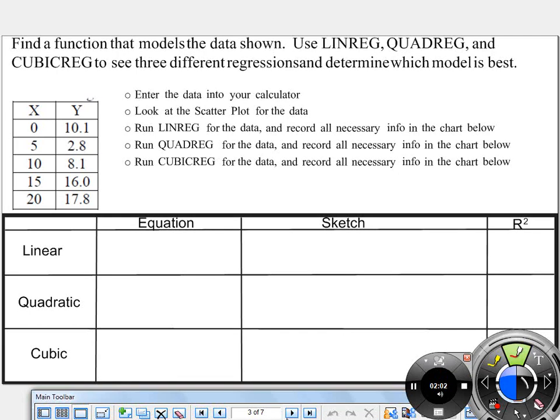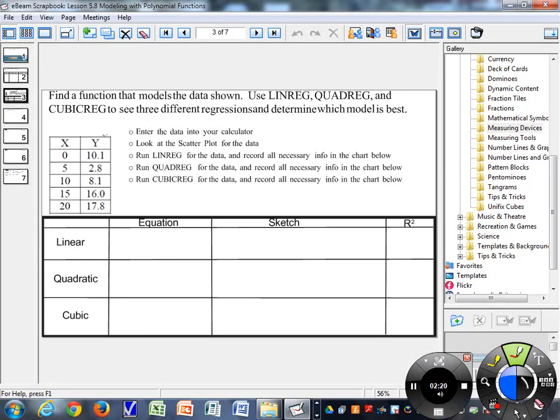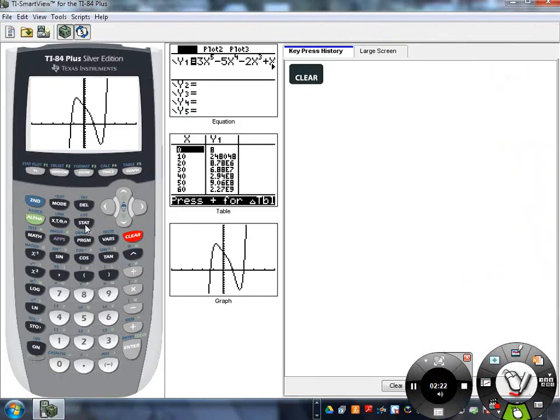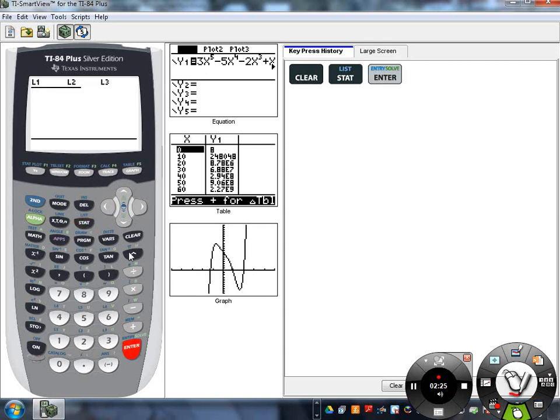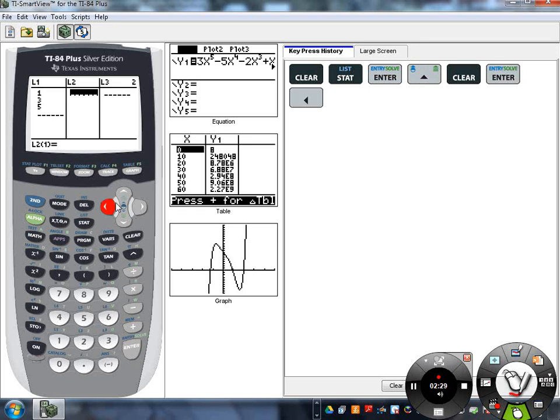So here's an example of data. We're going to enter this data and look at the scatter plot, and you guys are going to record things here about the equations, the sketch, and the R squared value. And so let's start with a linear regression. So the first thing we're going to do is we're going to enter the data. So remember on your calculator, we go to Stat, we go to Edit. I'm going to go ahead and clear out what's in the lists that are here.